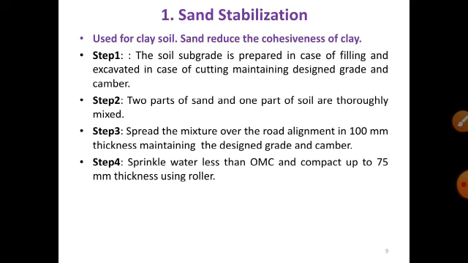Fourth step is sprinkle water less than optimum moisture content and compact up to 75 mm thickness using rollers. Here we use water less than OMC because sand is added in the soil subgrade and major part is sand.